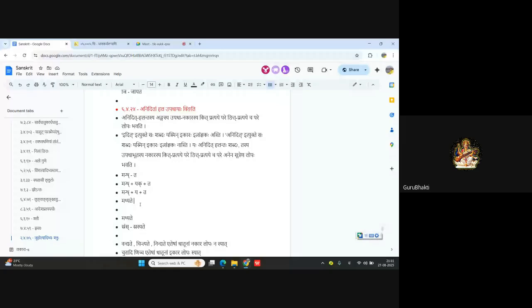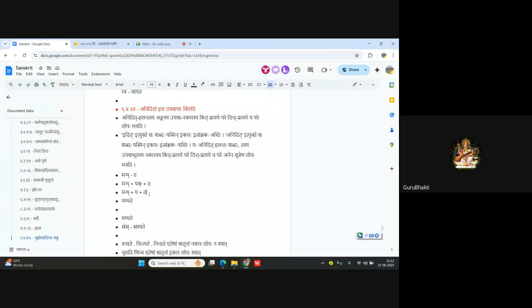Actually in this text, all these niyamas are given, but we cannot learn all these niyamas in this way. If we learn in Laghu, it will become more and more clear. Here it is given randomly. Like when we study Tattva Bodha, it is in a particular order, but here it is not given in order. To learn, see, Aniditam hala upadhayaha kniti is given.